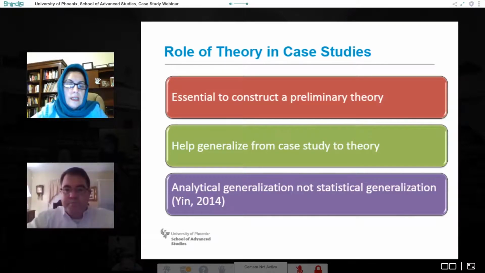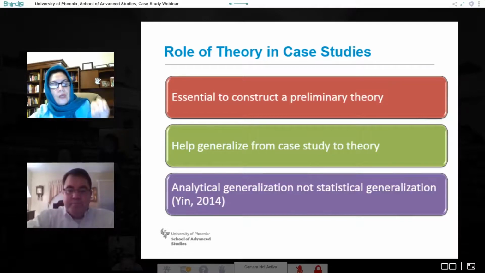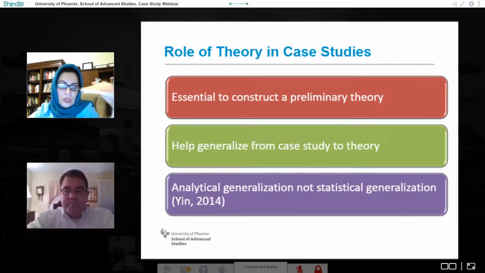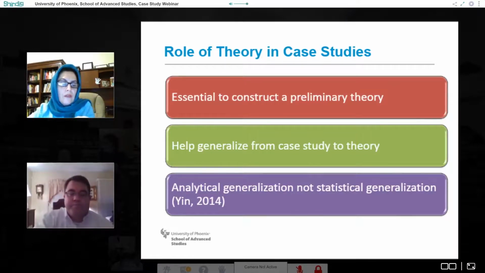The reason we call it analytical generalization is because you have a proposition, you collect data related to the case or cases, and then compare your result with your original proposition. If it matches what you originally hypothesized or proposed, then you can say that you endorse that. If not, you may change. So basically, you compare your results from your cases with your original proposition to end up with a statement for generalizing.